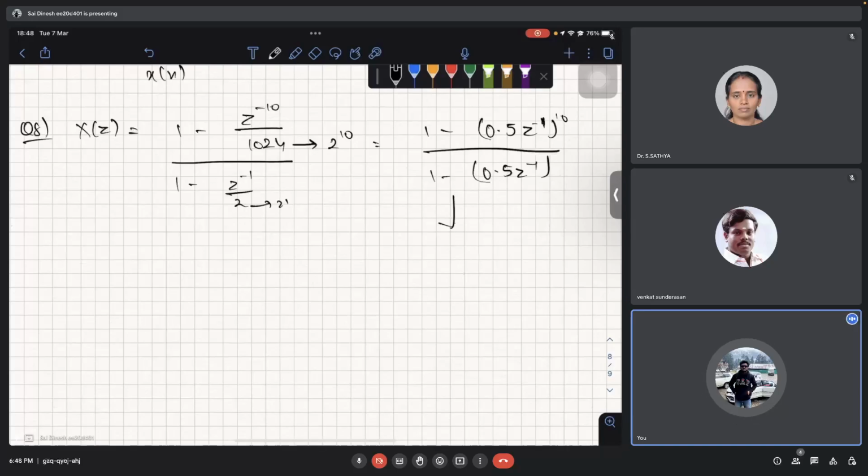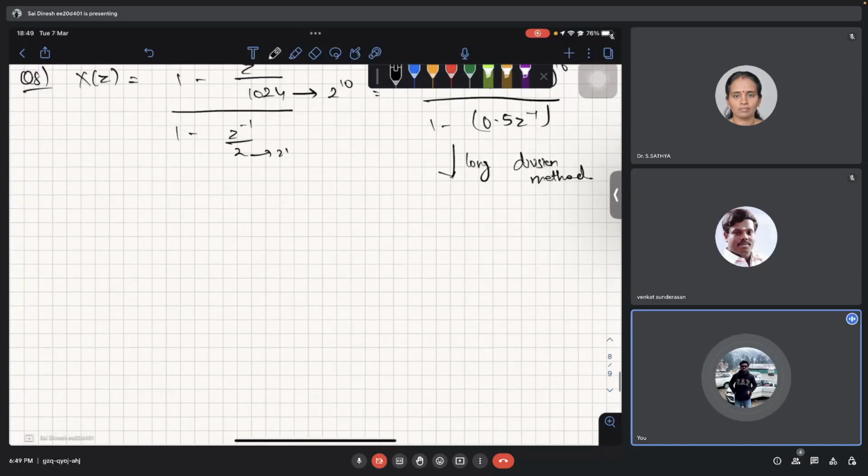So now you do the long division method. So here he has mentioned that the ROC is mod z greater than 0. So mod z greater than 0 means that it is a right sided sequence. So right sided sequence means the coefficients will have negative powers, right?